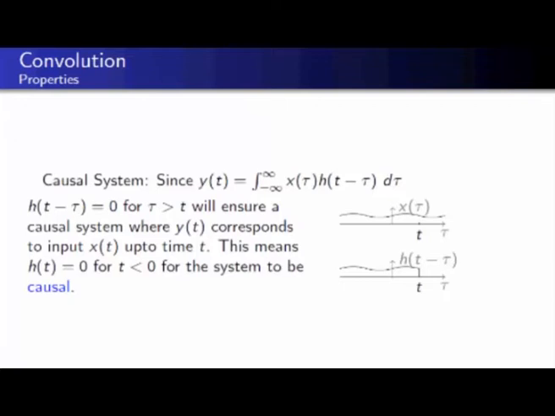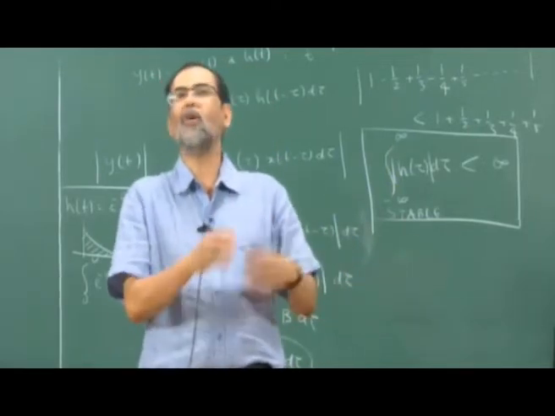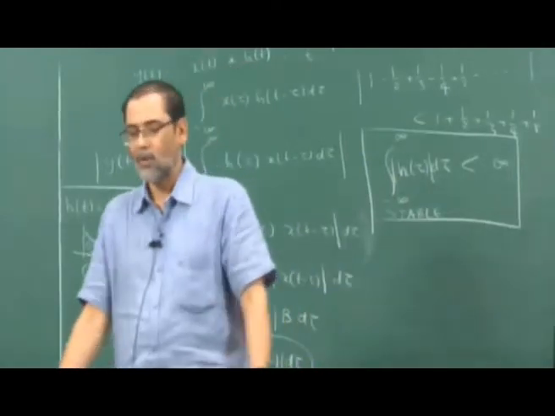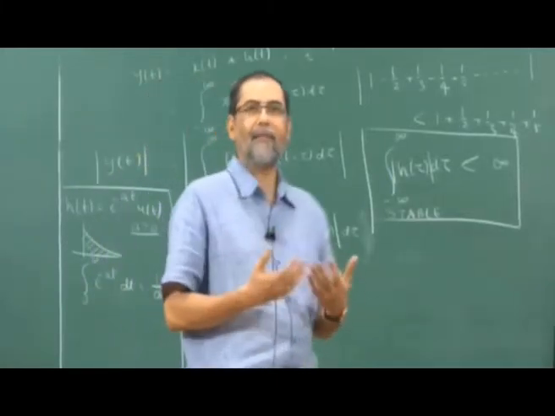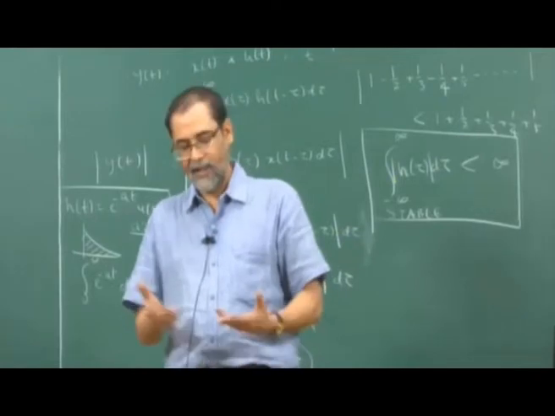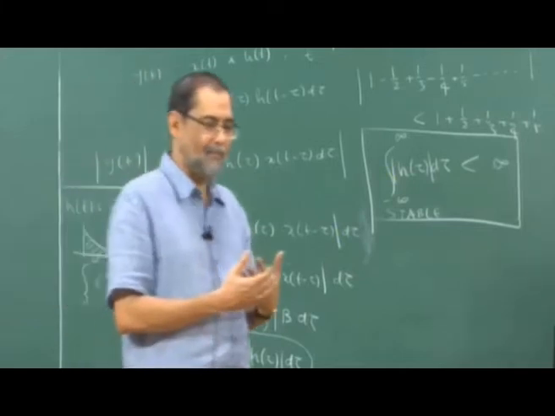We define causality to mean a system where the output at a given point in time depends on the present input and the past input, not on the future inputs. So any system where the output depends only on the present and the past inputs is a causal system. I mean, it's like many physical systems.